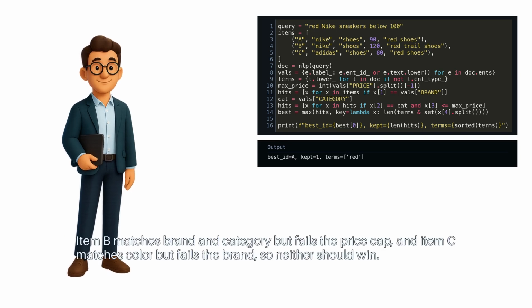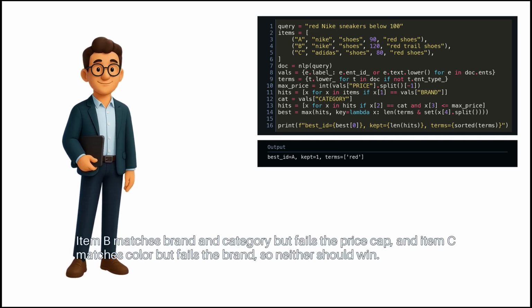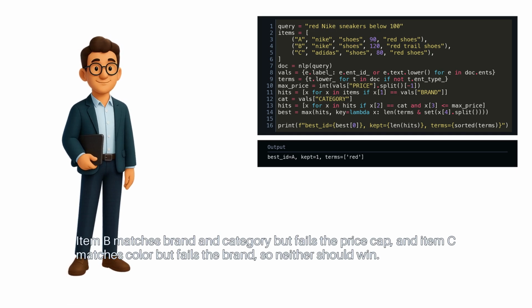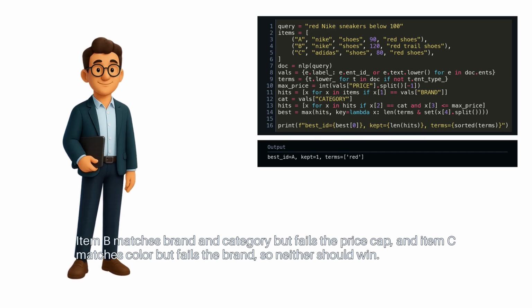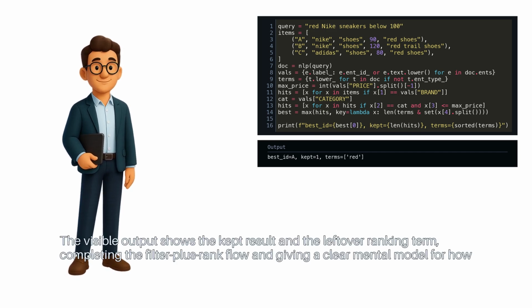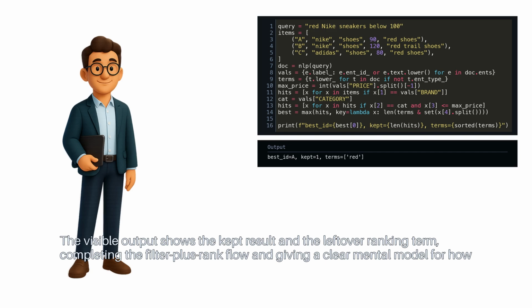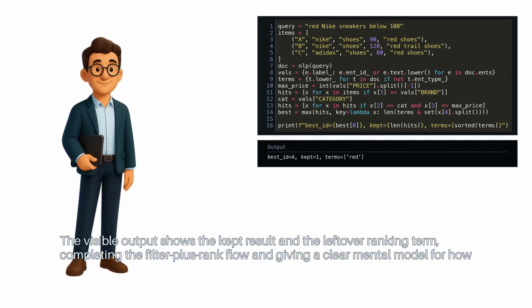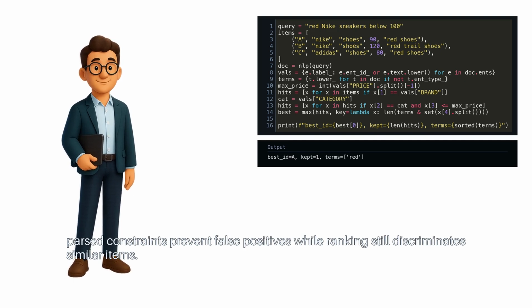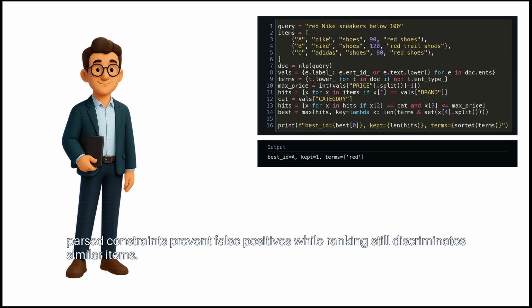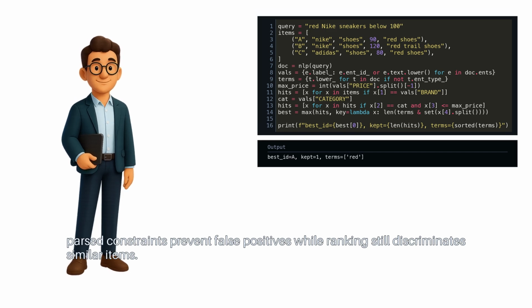Item B matches brand and category but fails the price cap. And item C matches color but fails the brand, so neither should win. The visible output shows the kept result and the leftover ranking term, completing the filter plus rank flow and giving a clear mental model for how parsed constraints prevent false positives, while ranking still discriminates similar items.